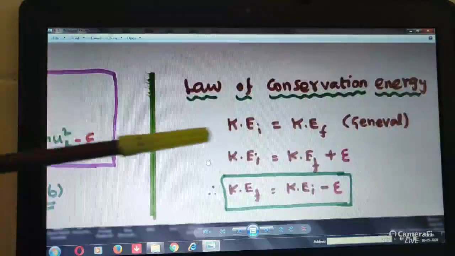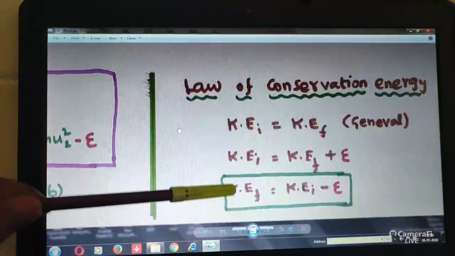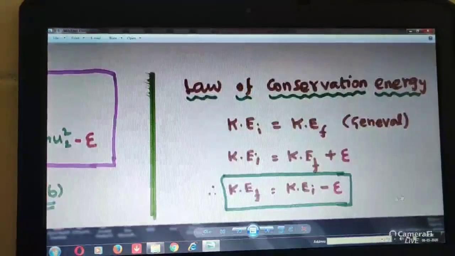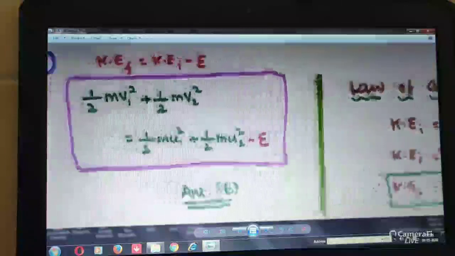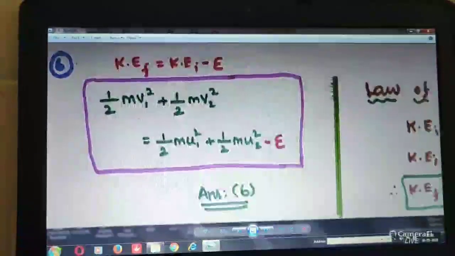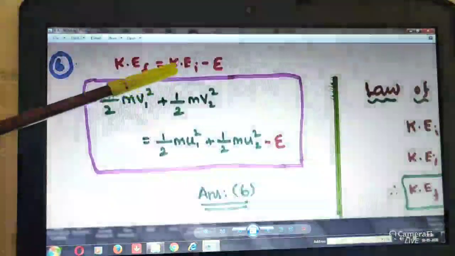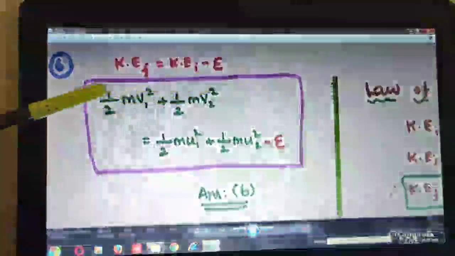The same thing I can translate into kinetic energy equation form. See that, kinetic energy final equals kinetic energy initial minus epsilon.